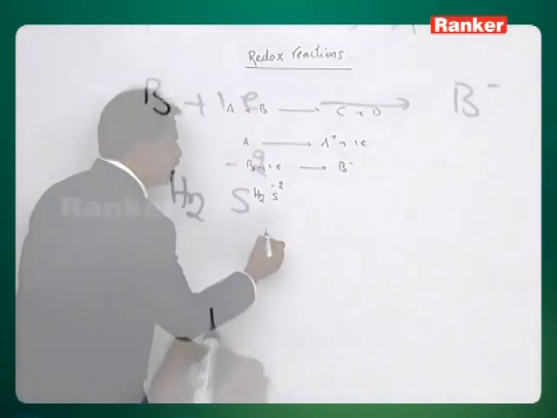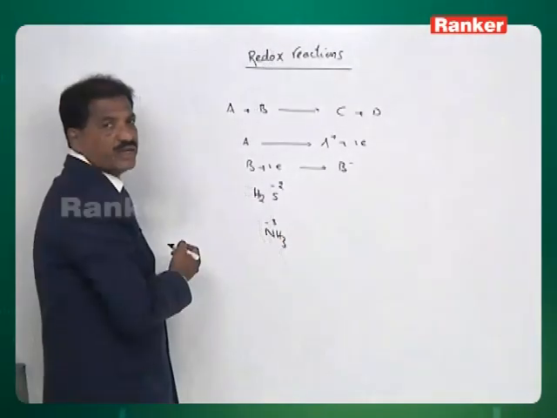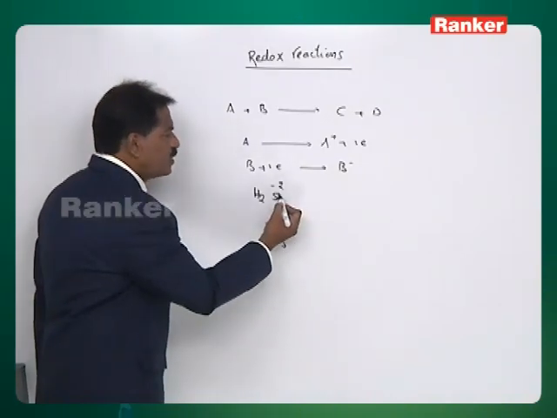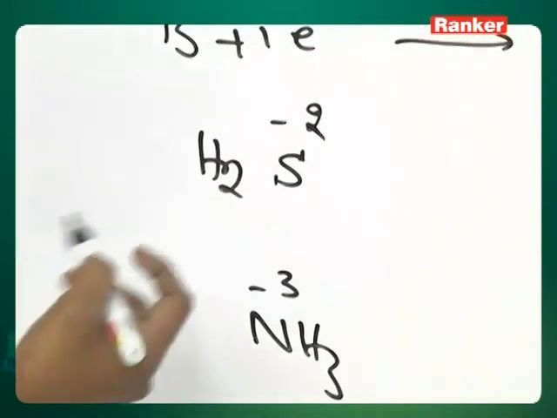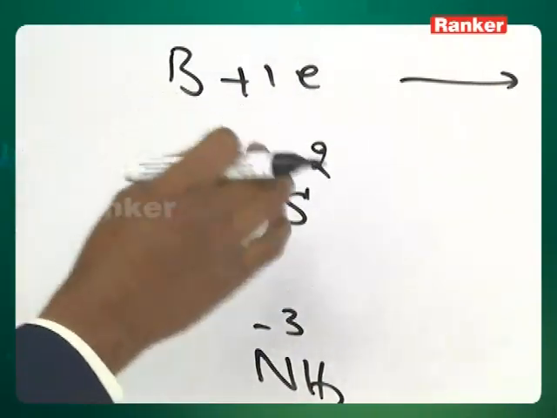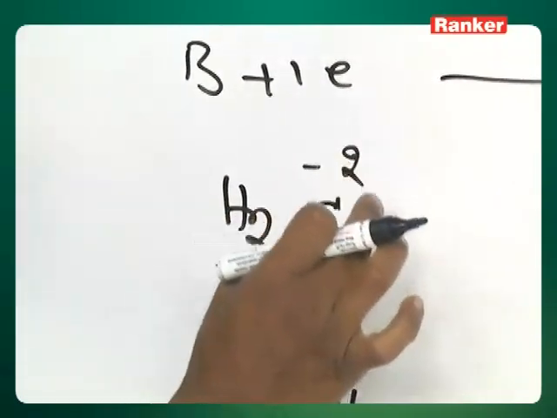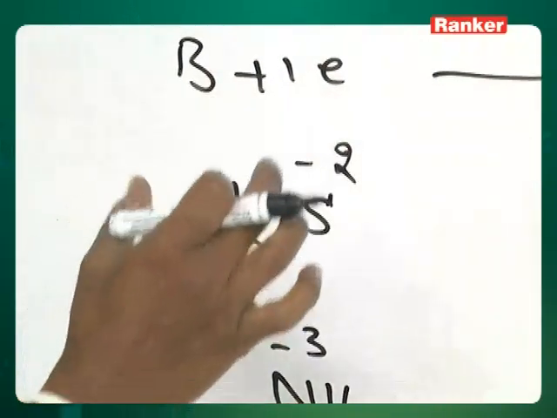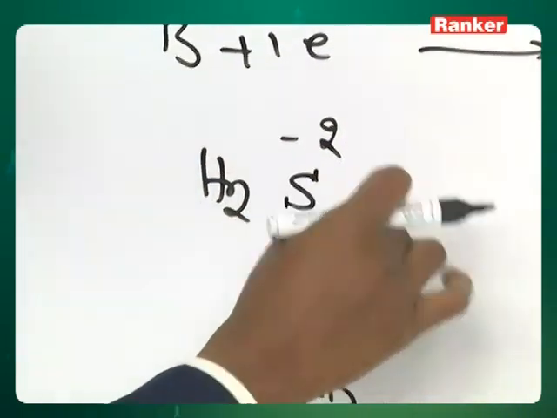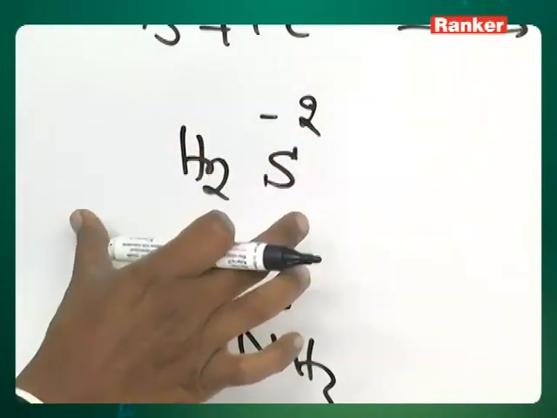Similarly, in NH3, the oxidation state of N is -3.